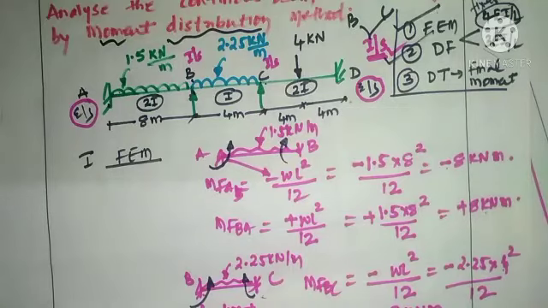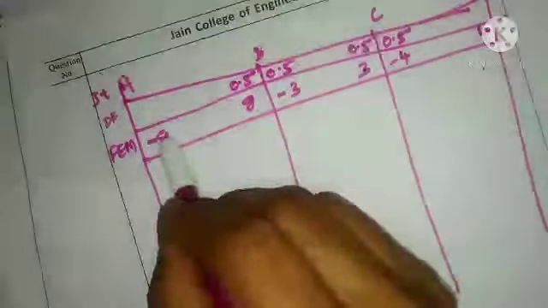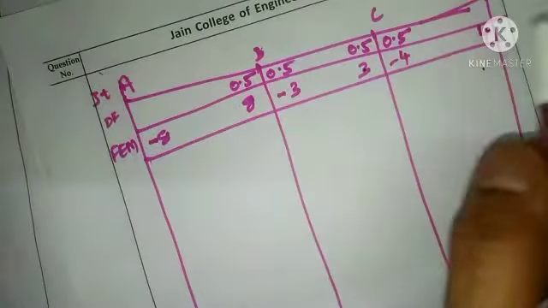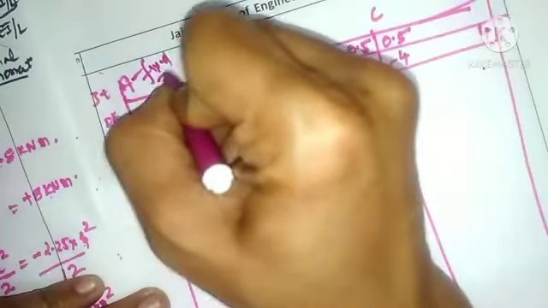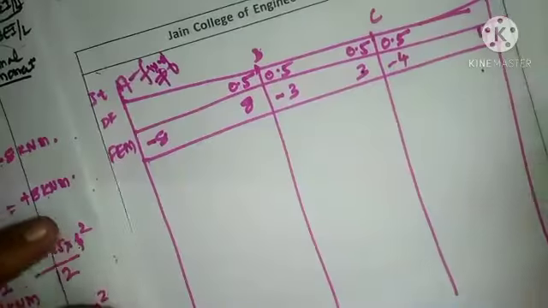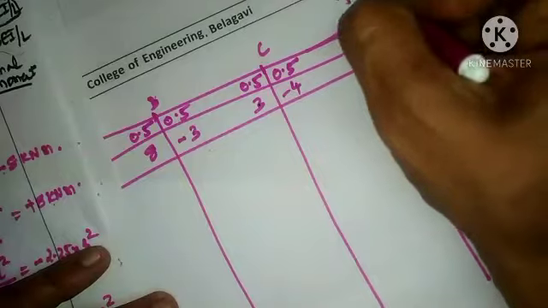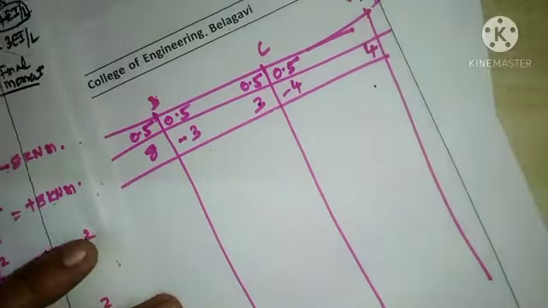You can have any magnitude of moment, and based upon that magnitude of moment, reinforcements can be calculated. So there is no necessity to balance joint A and joint D, because those are fixed supports. Since A is fixed, it is not necessary to make it 0. Likewise, since D is fixed, it is not necessary to make it 0.